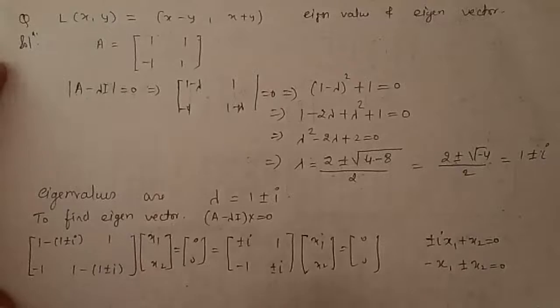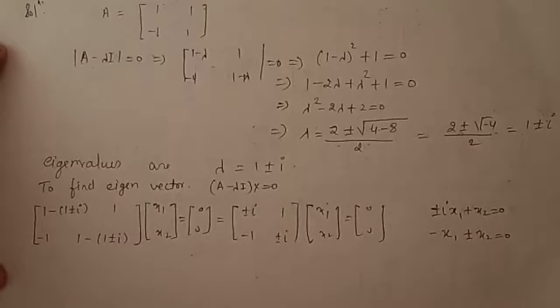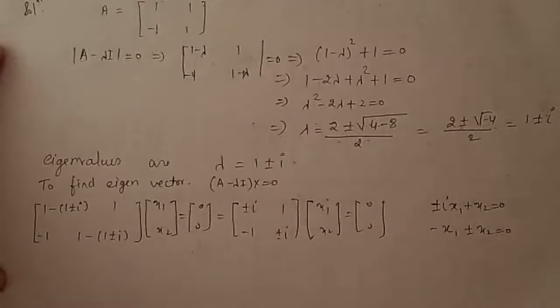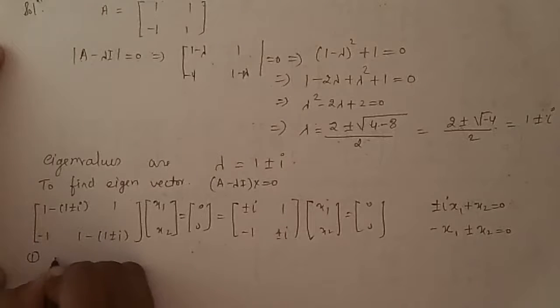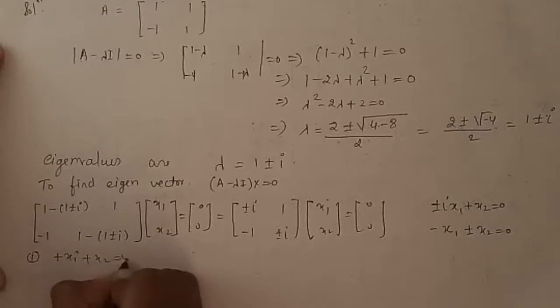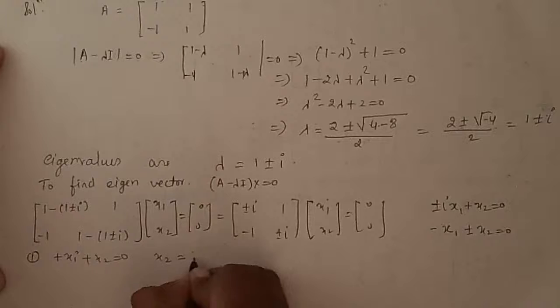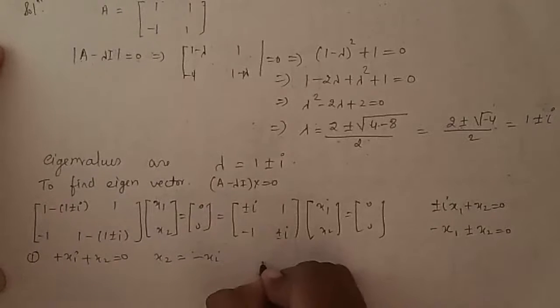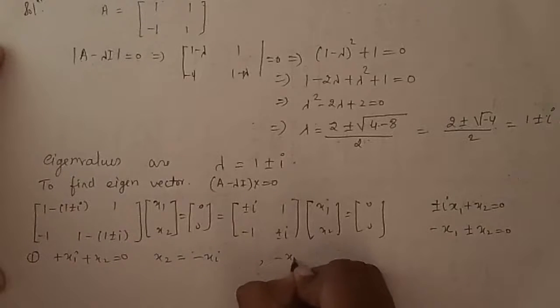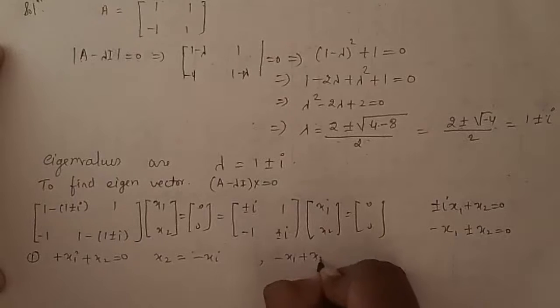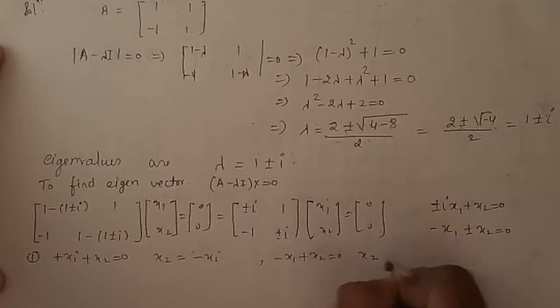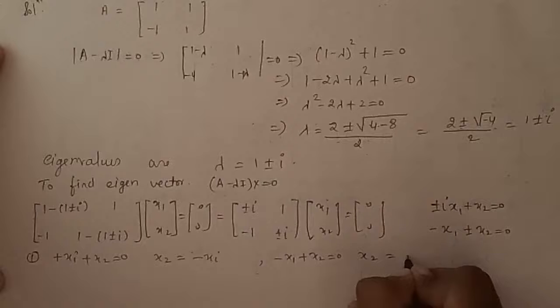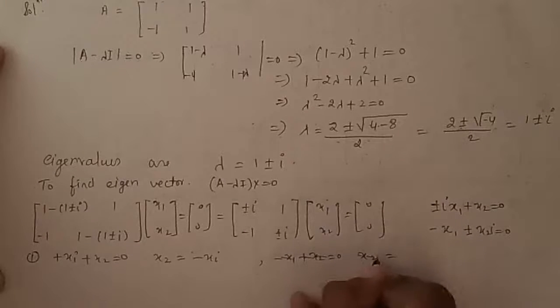Now, to calculate the first one, suppose we will do the calculation for plus i. So, first one, i x1 plus x2 is equal to 0. This implies x2 is equal to minus i x1, and the other equation, minus x1 plus i x2 is equal to 0, remains the same, so no need to do this.